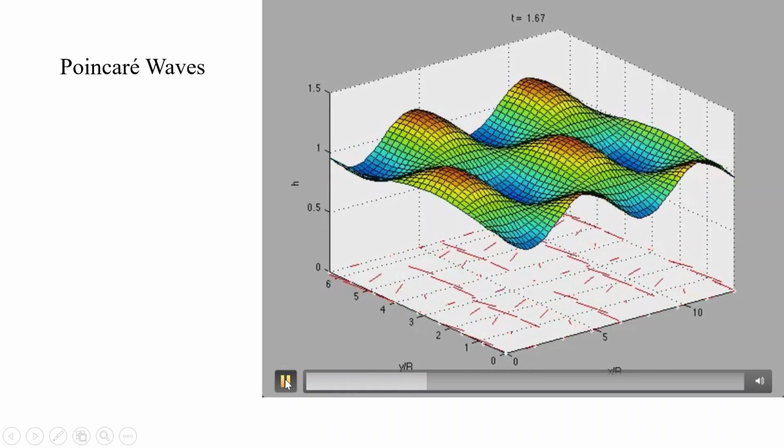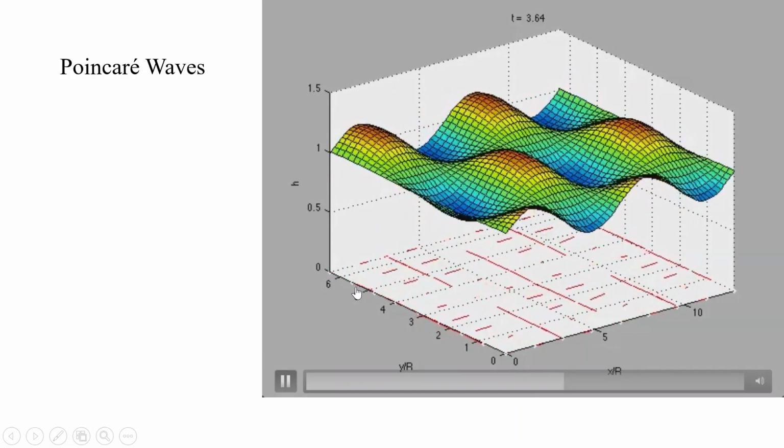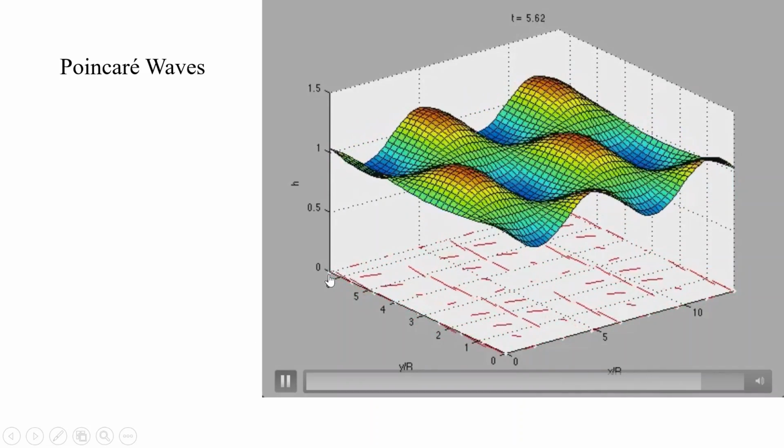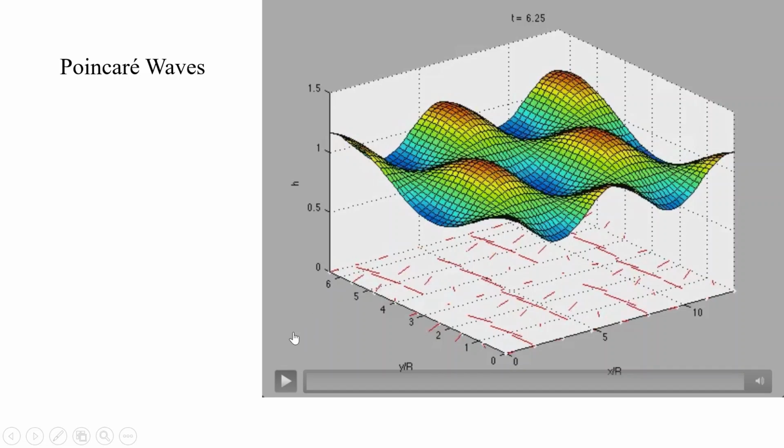So now you can see, this is the y coordinate and this is the x coordinate. So this is the zonal direction and this is the y direction, with the two walls at y equal to 0 and y equal to L. Okay, so see that the Poincare waves, the inertial gravity waves, still oscillate inside this channel.